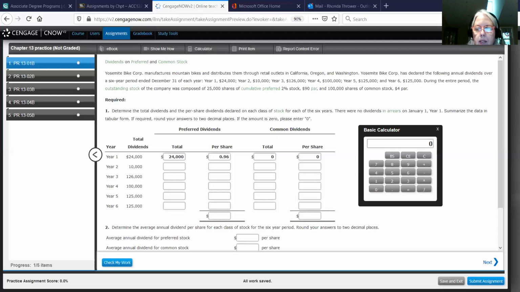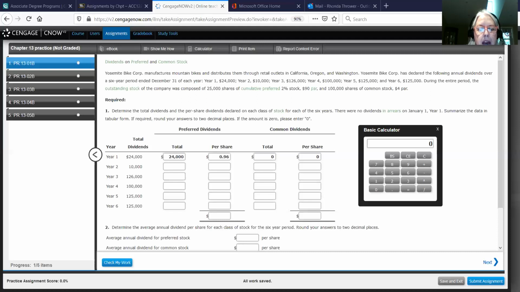We've calculated that several times, and we use this given information to help us with that. So each year we owe the preferred stockholders 45,000. Because we were unable to pay the entire 45,000 that we owed to our preferred stockholders in year one, we only could pay them what we declared, which was 24,000.